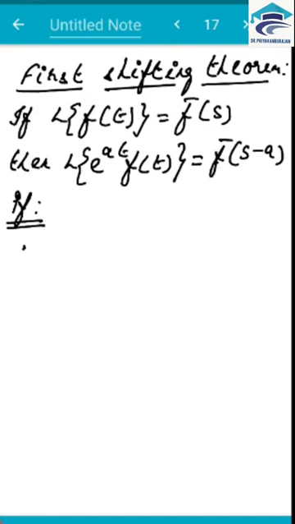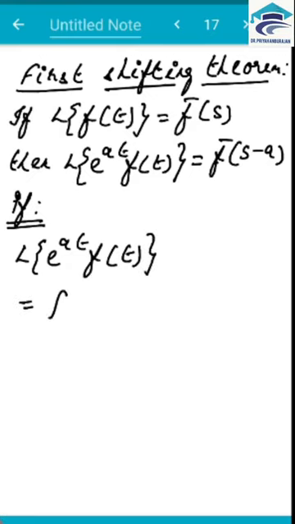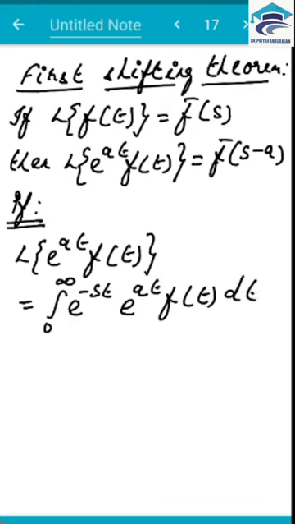By definition, we know that L of e power at into f of t can be written as integral 0 to infinity e power minus st, and instead of f of t we have e power at into f of t, so we write e power at into f of t dt.